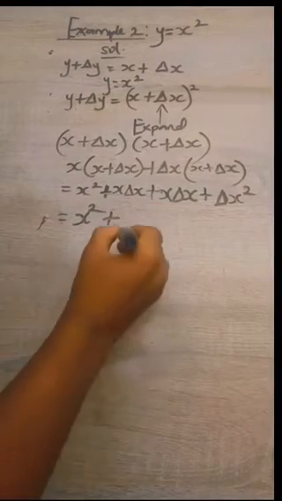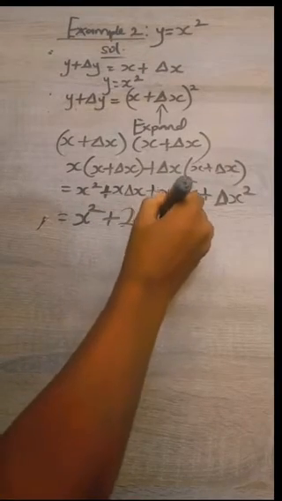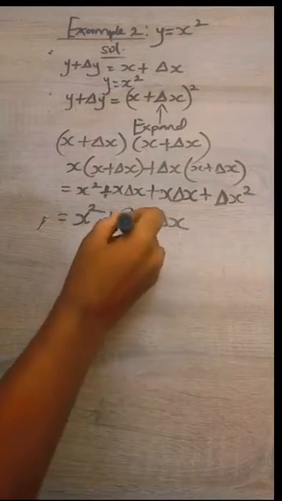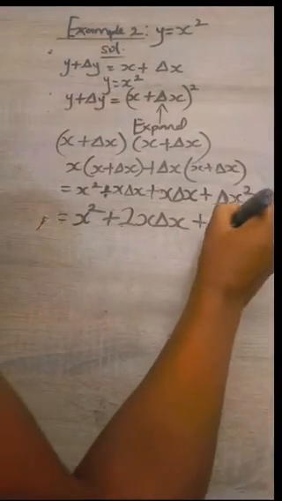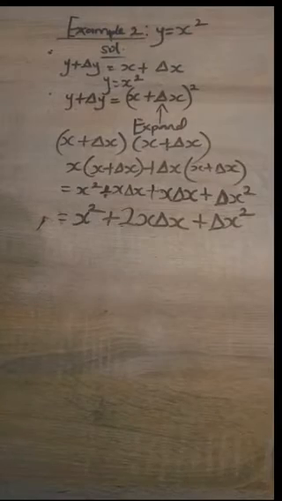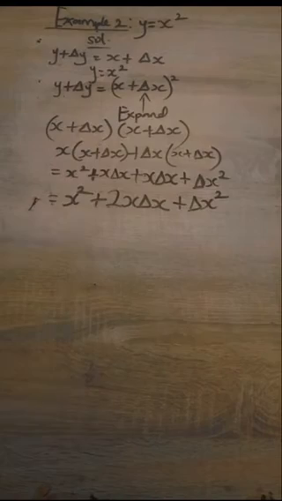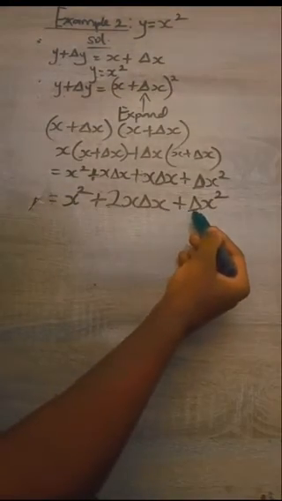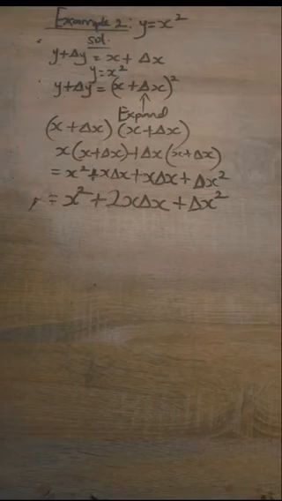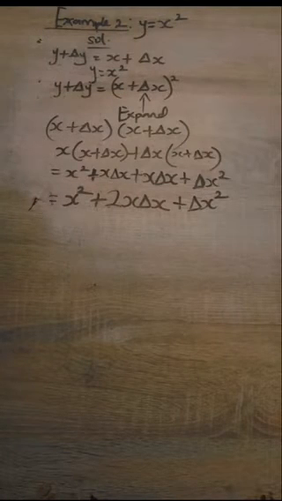We have 2 change in x adding up, so I'll be having 2x change in x, plus change in x raised to the power of 2. So my final answer now is x raised to power 2 plus 2x change in x plus change in x raised to the power of 2.